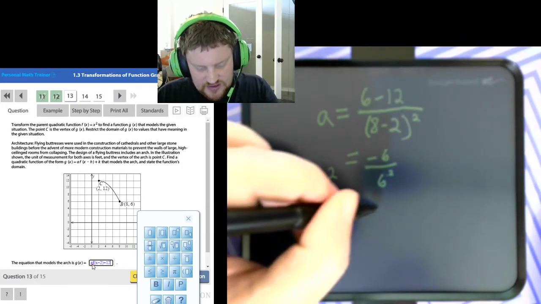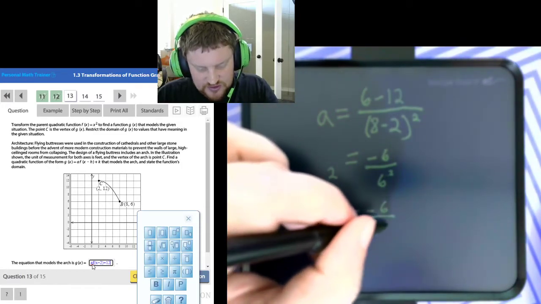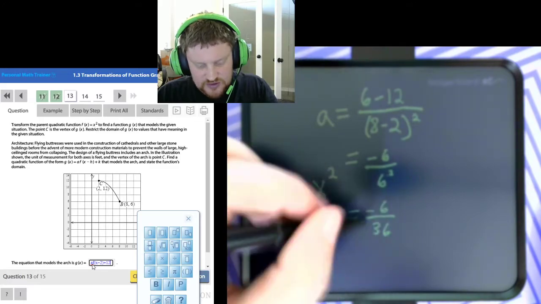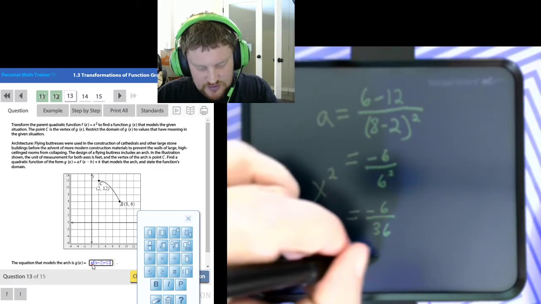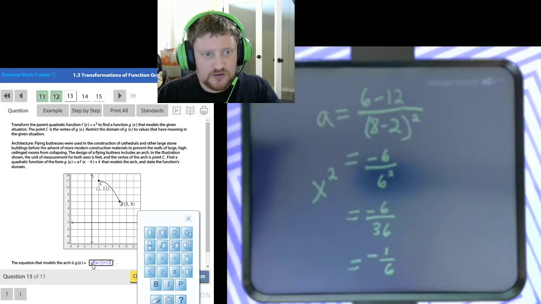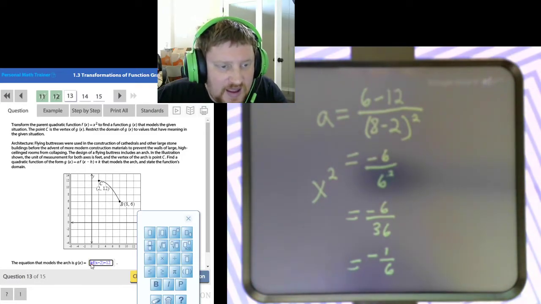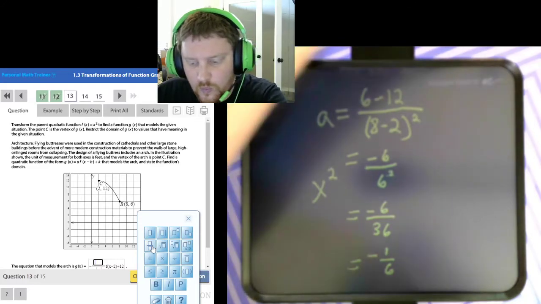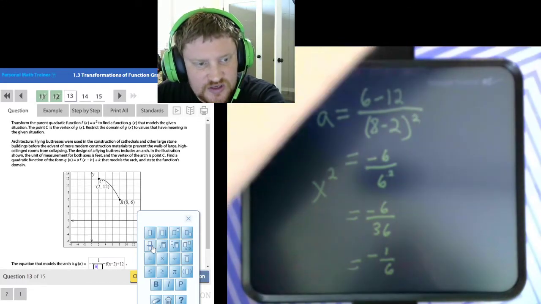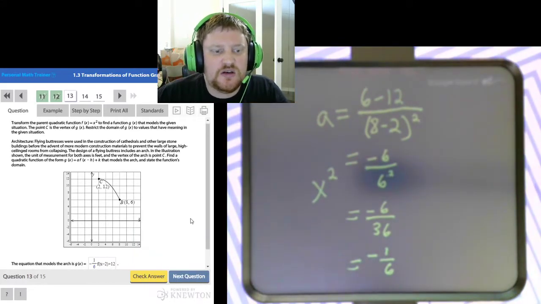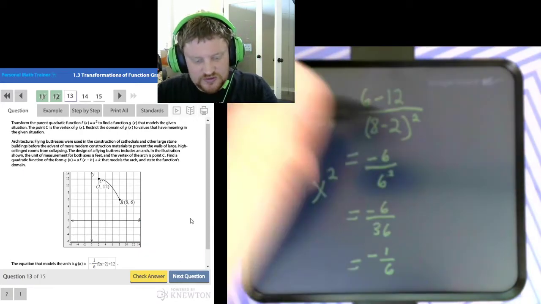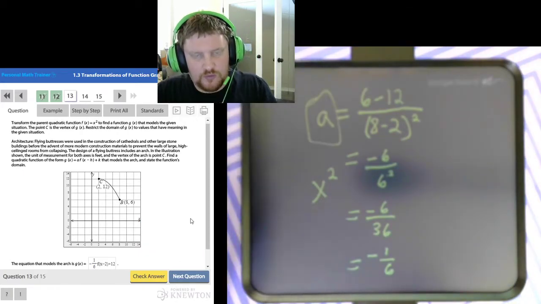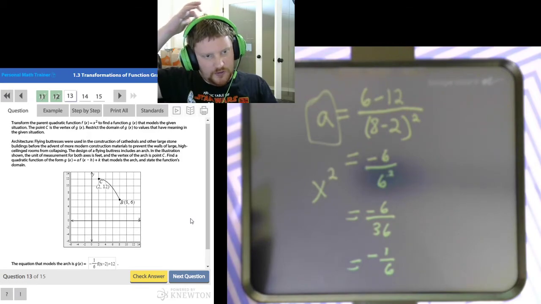So this is negative 6. 6 squared is 36. And then this reduces to negative 1 over 6. So our a is negative 1 over 6. Once again, all these formulas, this formula for a, we'll be teaching you that in 1.4.